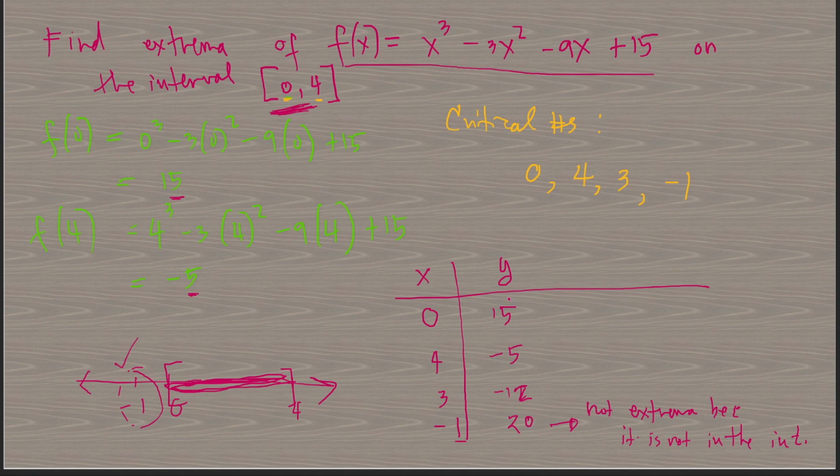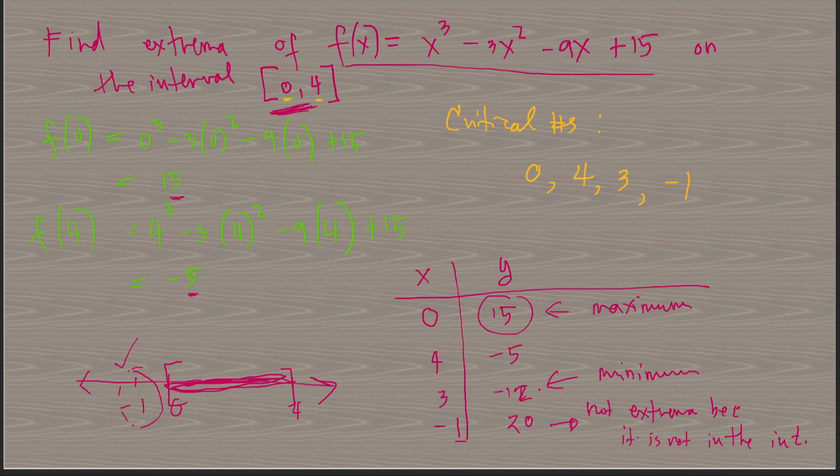So what's the next highest point? After 20, we have 15. 15 came from the x value of 0. Is 0 in our interval? Yes. So this is now our maximum. And which one is lowest, -5 or -12? Of course, -12 is less than -5. So -12 is our minimum.